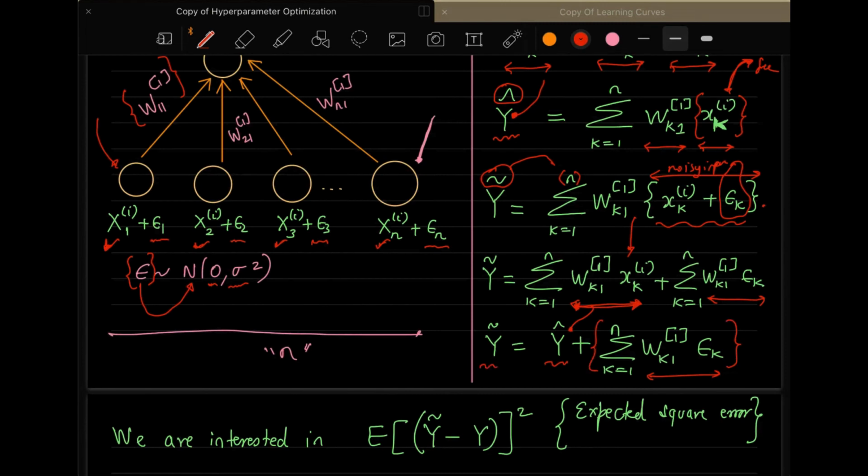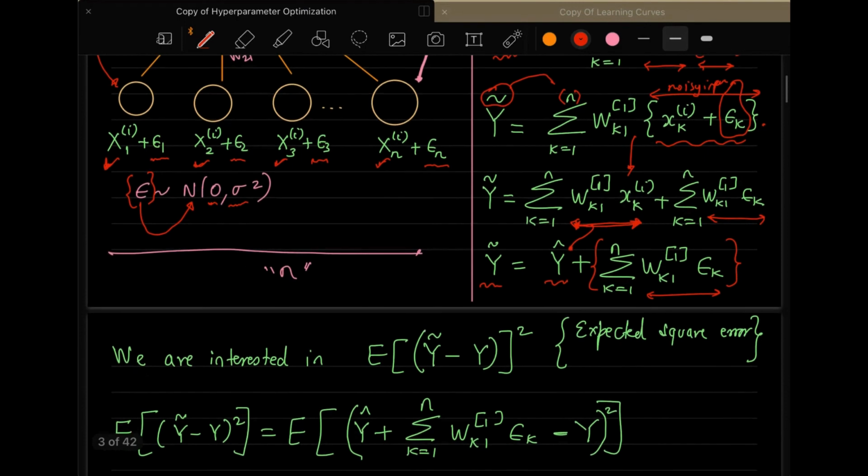So we have y tilde equal to y hat plus this part. Now we are interested in the expectation of y tilde. Please note, y tilde is the noisy output, the output due to the noisy input, and y hat is the actual labels that you already have.